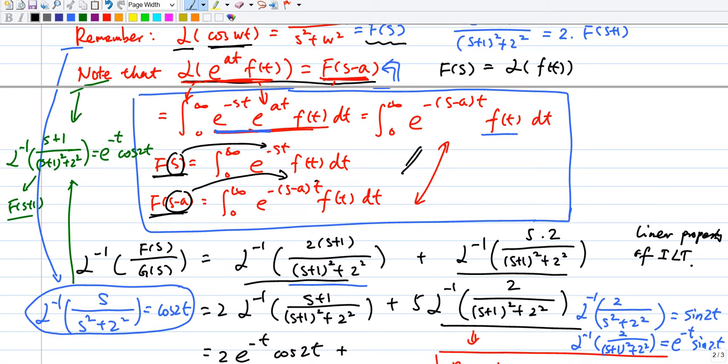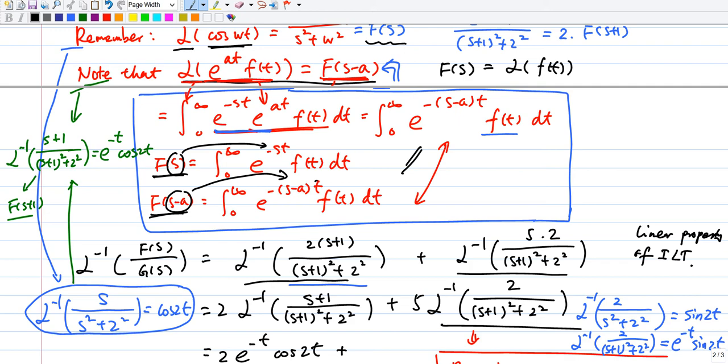I can also put the 2 outside according to the homogeneity property, so I can pull all the scalars out. So I have 2 times L inverse of (s+1) divided by (s+1) squared plus 2 squared. And I can also pull 5 outside: 5 times L inverse, leaving the 2 here, of 2 divided by (s+1) squared plus 2 squared.